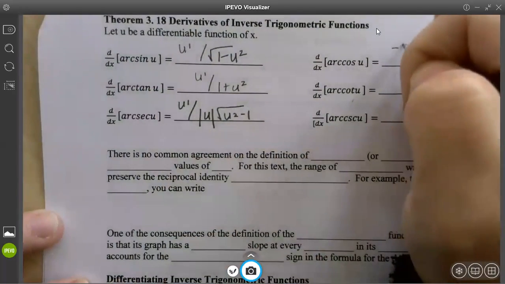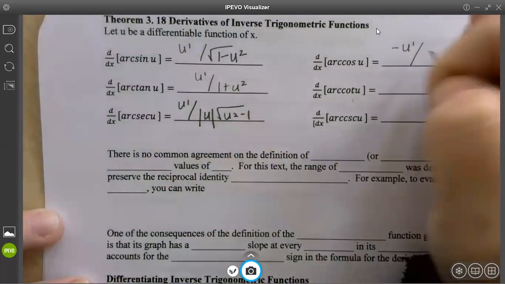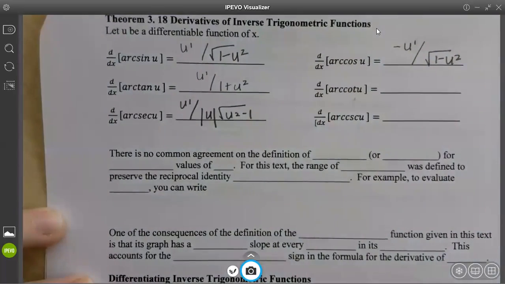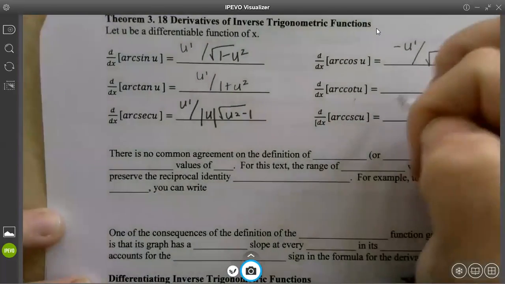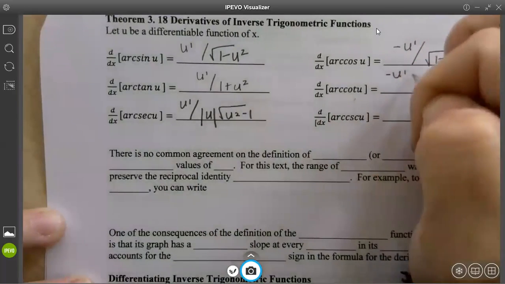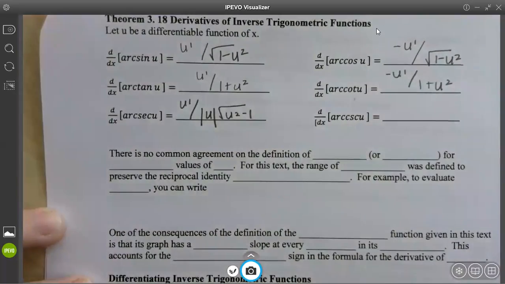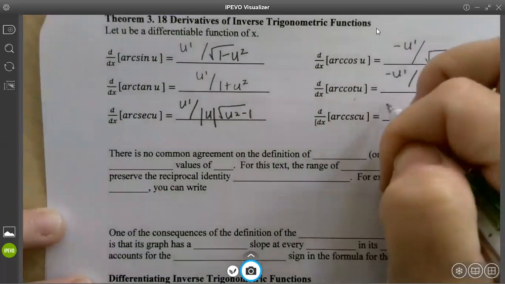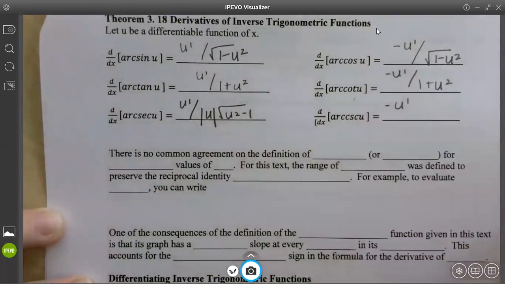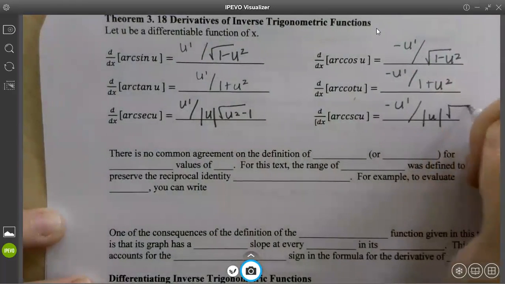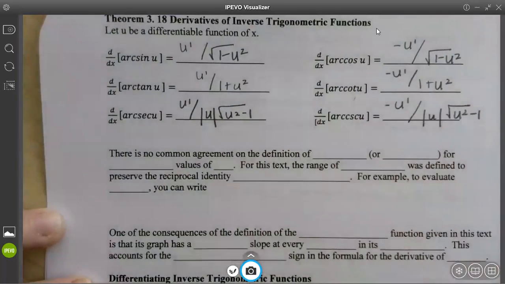So arc cosine is going to be negative u prime over square root 1 minus u squared. Arc cotangent, negative u prime over 1 plus u squared. And arc cosecant is negative u prime over the absolute value of u square root u squared minus 1.